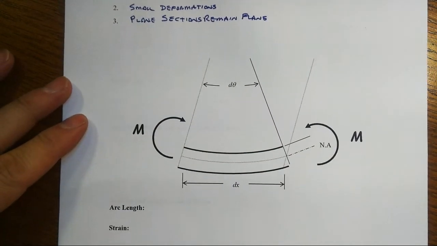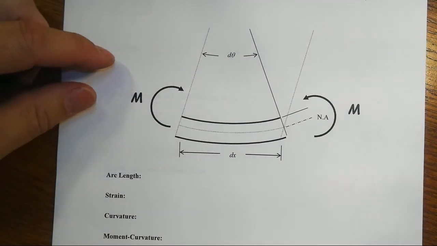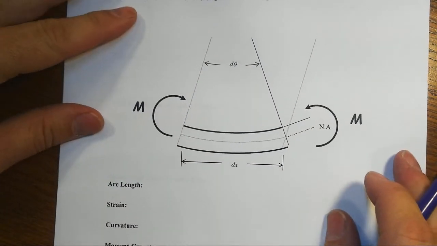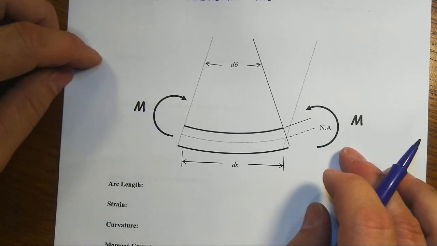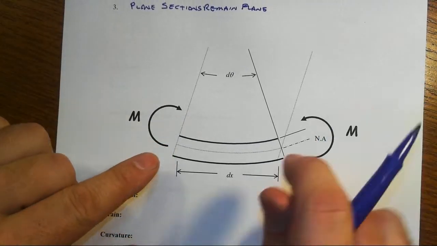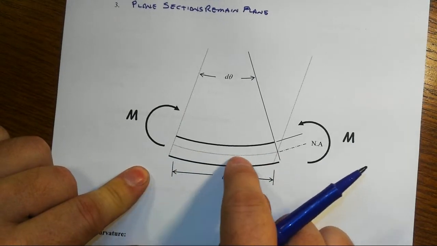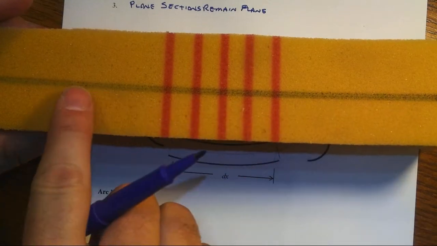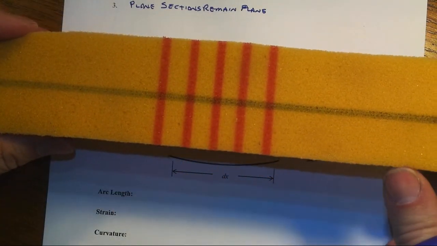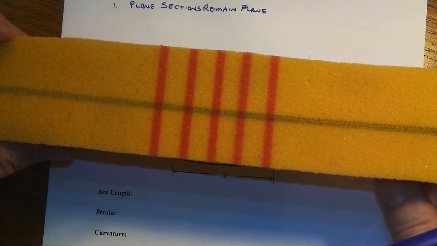Now, down here on this drawing, let's put all this into action. We're going to have some bending moments, the same on both ends, so we're in pure bending here. Note that this little dashed line right here represents, back in our sponge beam, that blue-greenish line that goes along somewhere in the middle of the beam.